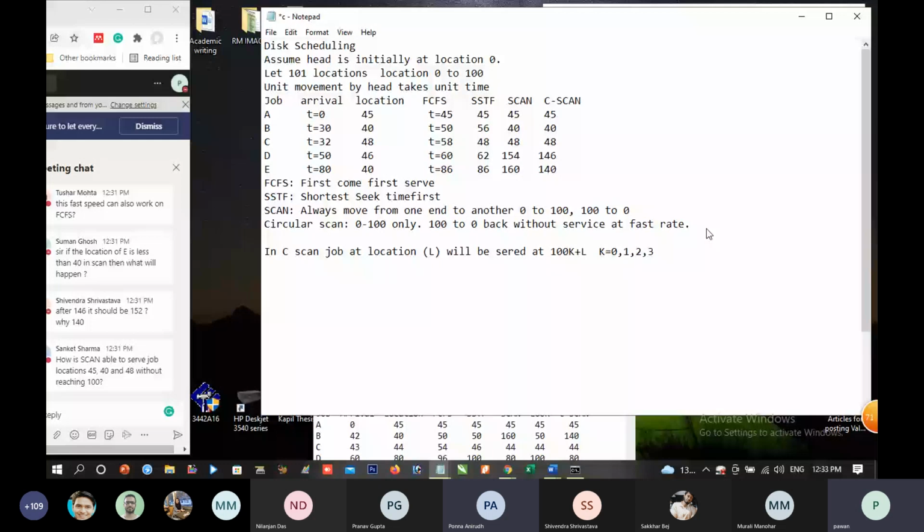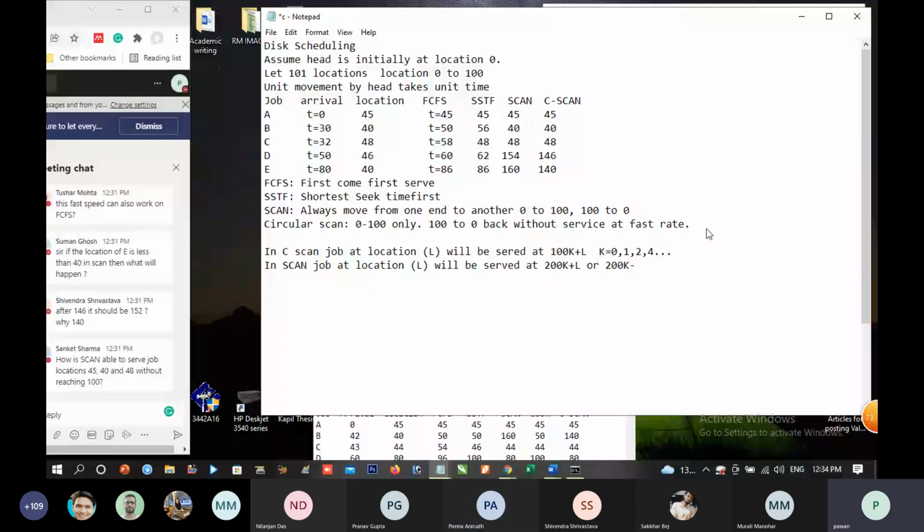In scan, job at location L will be served at 200K plus L or 100 plus 200K minus L. Let me see this. 200K minus L. Do you agree?